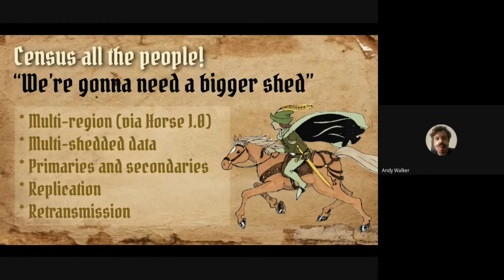You have to start making decisions around whether the data can be slightly out of date or whether it needs to be perfectly in date before you can make a query. You realize that there's no such thing as in date data because the act of replicating the data across your infrastructure via Horse 1.0 means that you're always going to have an unknown part of your data that you're going to have to live with.